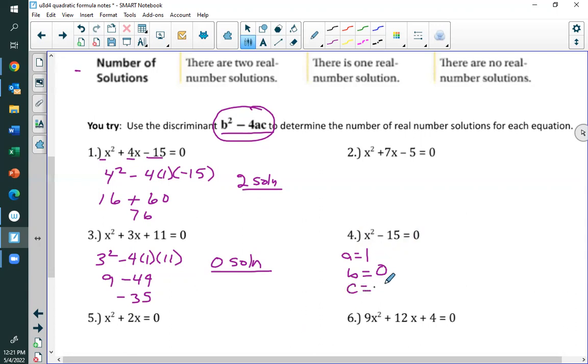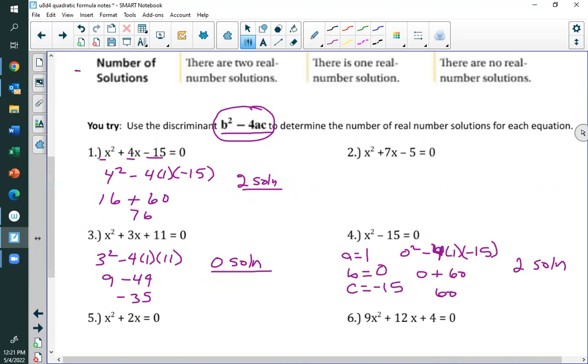And C is negative 15. So you still use b squared minus 4ac. 0 squared minus 4 times 1 times negative 15. That's 0 plus 60, which is 60. So that's positive, so we have 2 solutions. Feel okay on that?